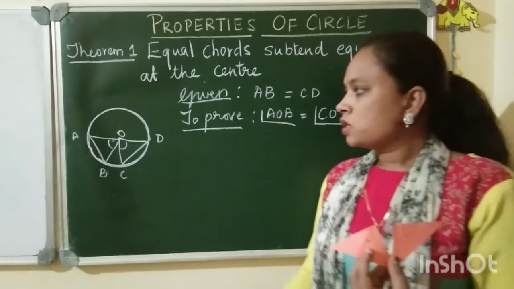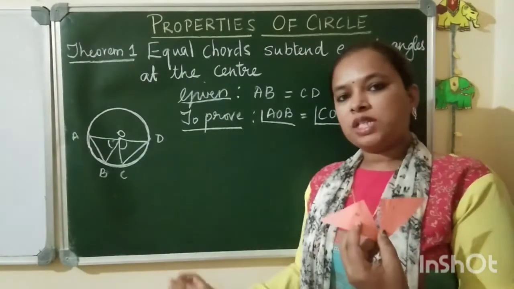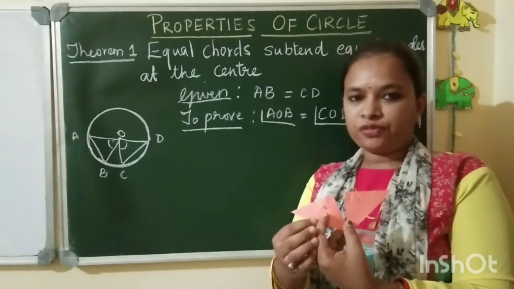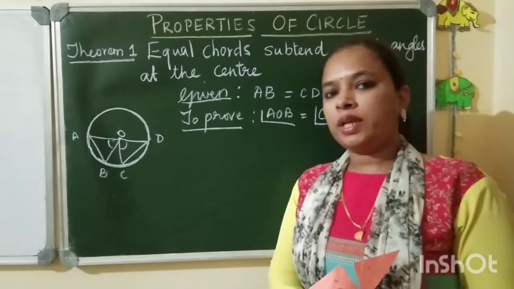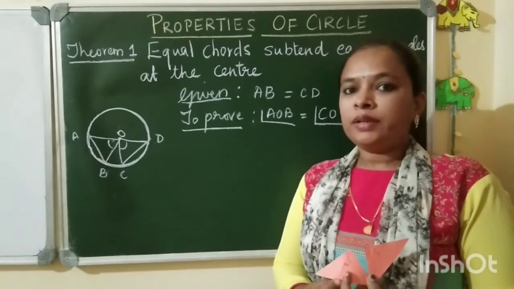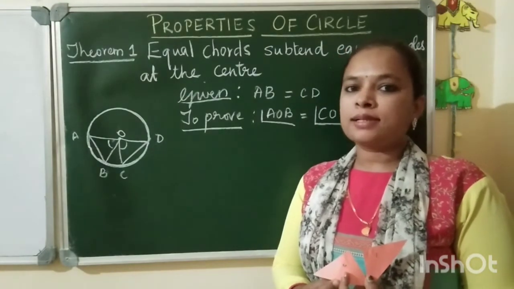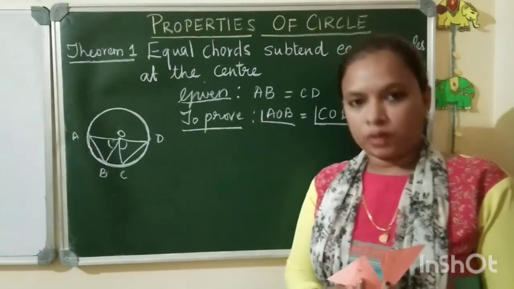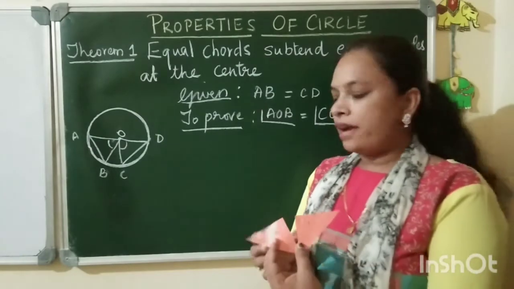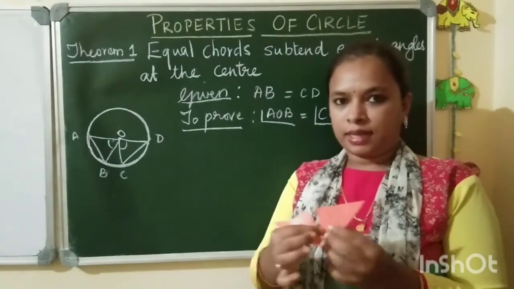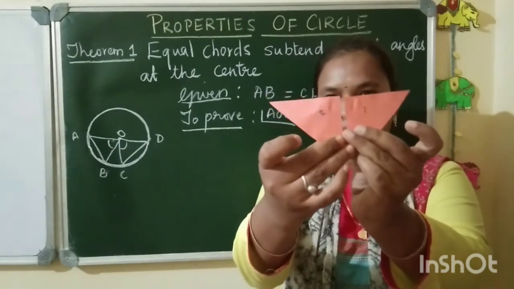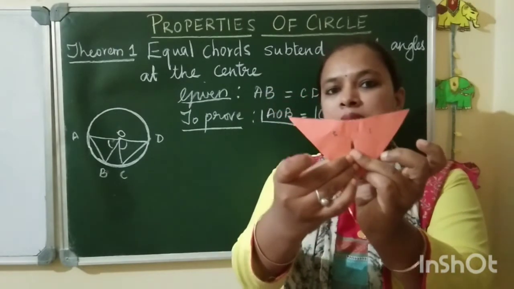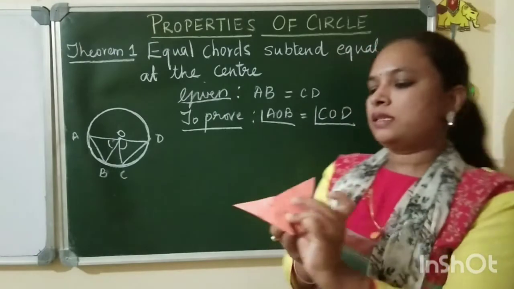Okay children. So before proving this, I will just do one small activity for you so that you will understand better. You have learned congruence of triangles and you know how to prove two triangles are congruent using the congruence criterion. So now I have cut out two congruent triangles. Just like this, I have cut out the two congruent triangles. Now I will place these triangles inside the circle.